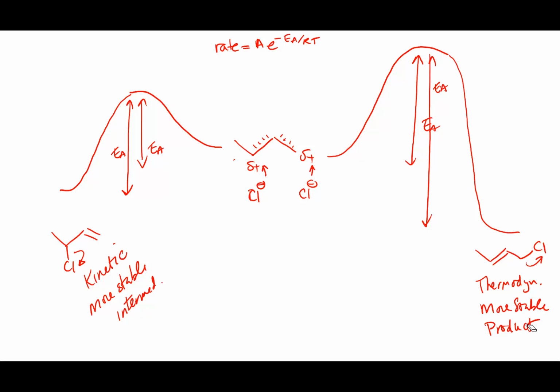The thermodynamic product is favored under high temperature, long reaction times. And that's how we would explain how we can switch between the two of these. There's lots of kinetic versus thermodynamic systems out there. Does that make sense?